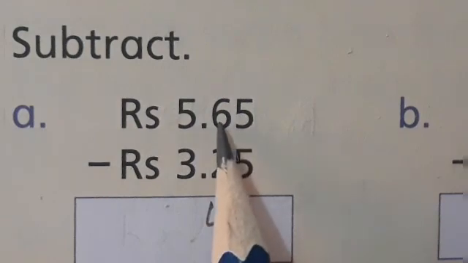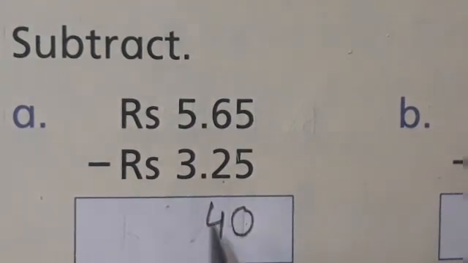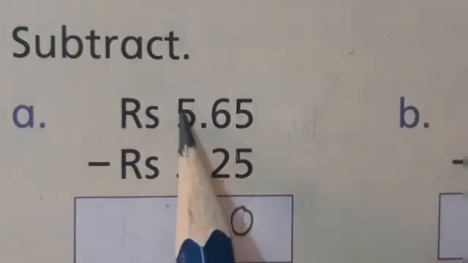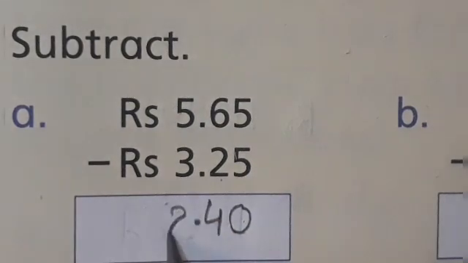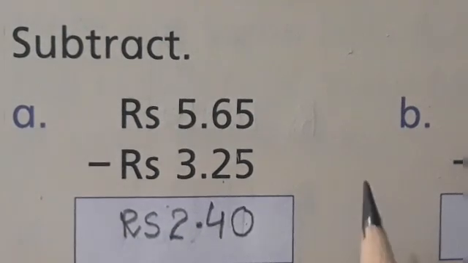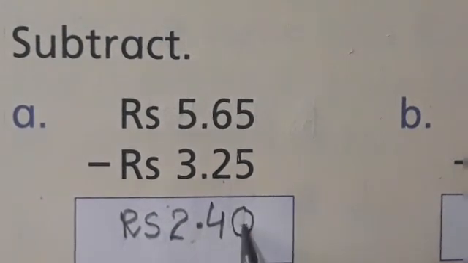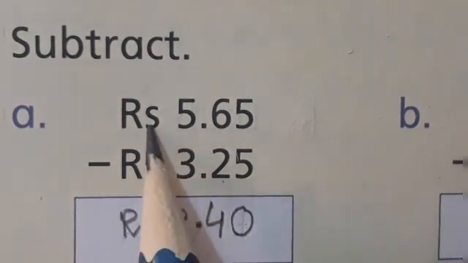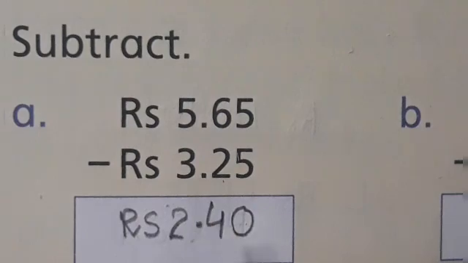And after 2 digits, we will again, 1 and 2, we will put a point. And 5 minus 3 is equals 2. And also write rupees. Okay, these are also same like we are doing addition and subtraction, simple addition and subtraction. There is only addition of point and rupees. Okay, simply.